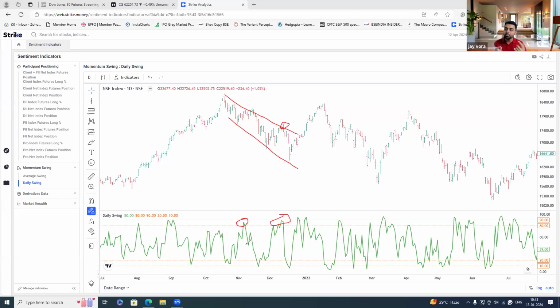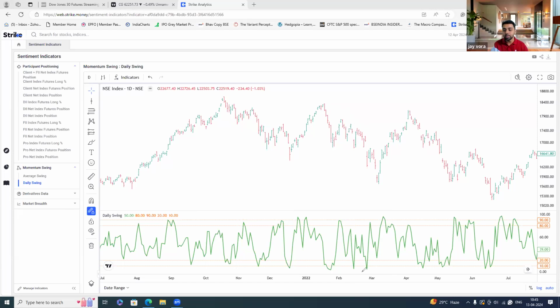So you have to understand the broader trend as well कि अगर bull market है तो every time 20 वहां पे आएगा, there is a good chance that a short term bottom has occurred and it is likely to move higher. Similarly, if it is a downtrend, then every time it reaches the 80 90 mark in a downtrend, you will see a short term top forming. Okay.